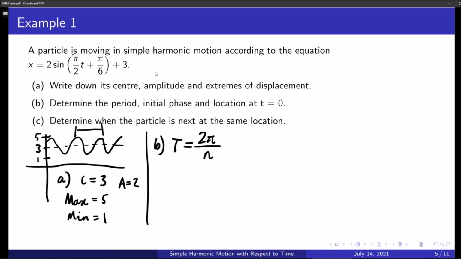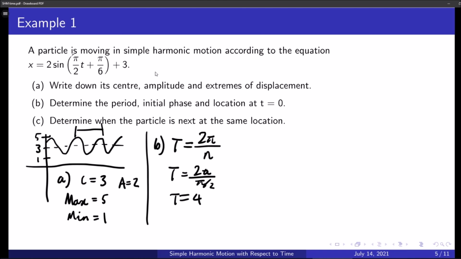In our specific case, n equals pi on 2, so T equals 2 pi divided by pi on 2, and that gives us 4. So that is the period. Each cycle has a width of 4 units.